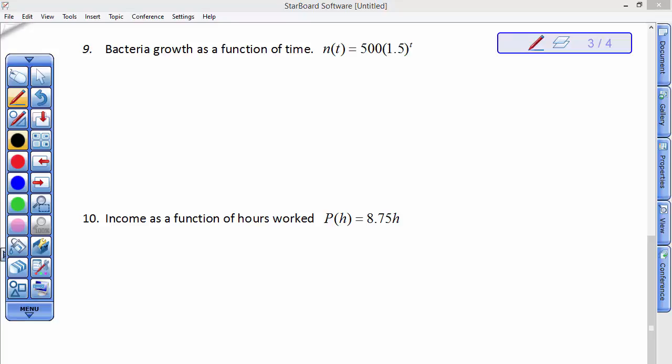Just a few more questions for you on evaluating functions, and then we're going to look at some theoretical pieces that go along with this. So let's say we have a function that describes bacteria growth. In this particular function, the letter n stands for the number of bacteria as a function of time.